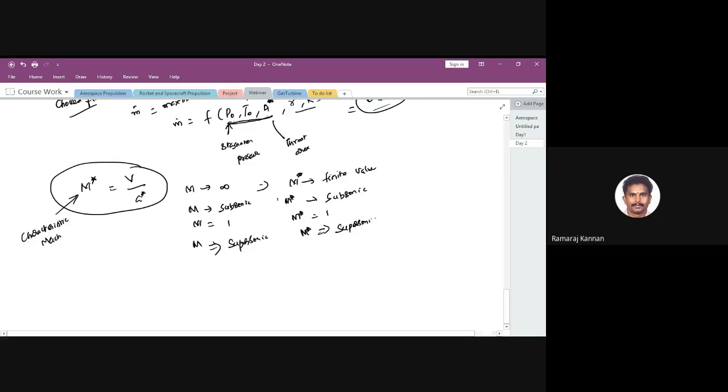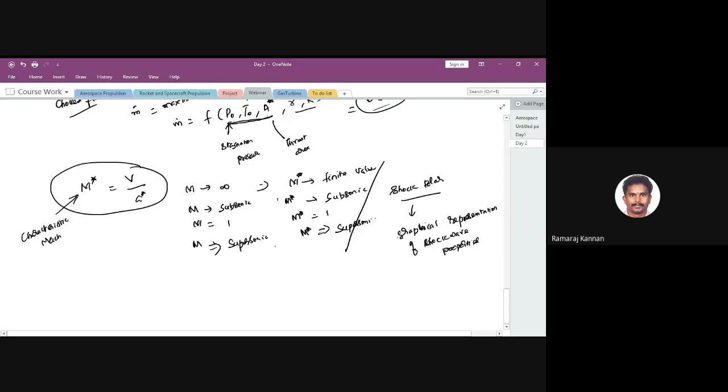The advantage of that is, you know about shock polar. What do you mean by shock polar? It's a graphical representation of shock wave properties. Now if I want to do this for a Mach number going towards infinity, I need a lengthy sheet to explain the shock wave properties.